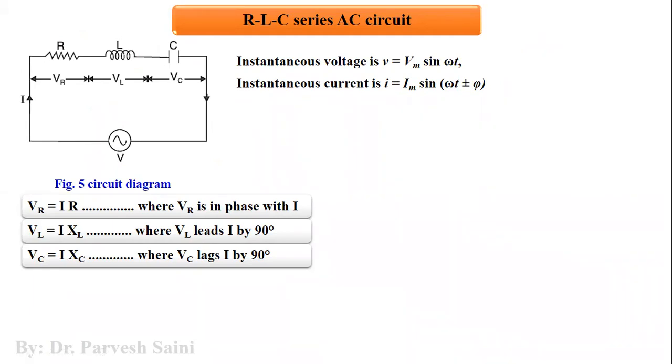The phasor diagram for the first case, if VL is greater than VC, that is XL is greater than XC.